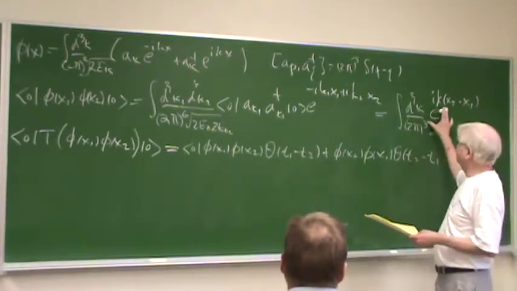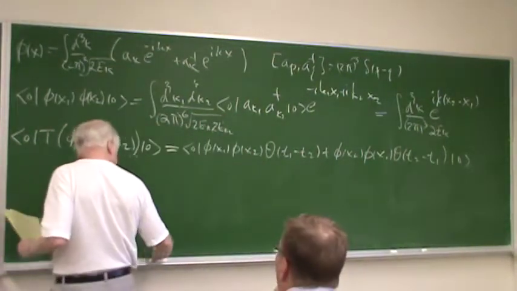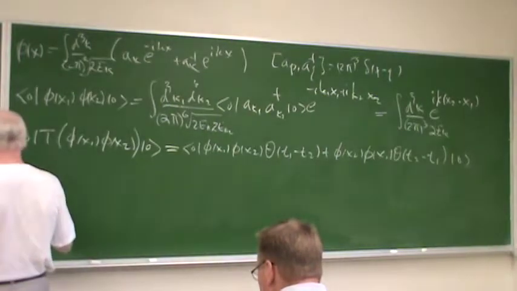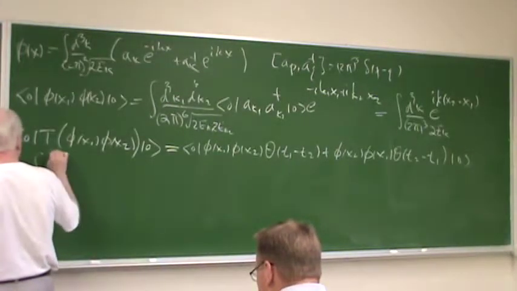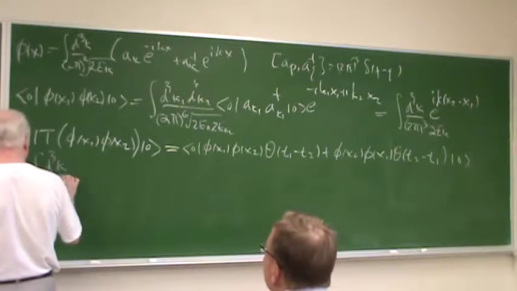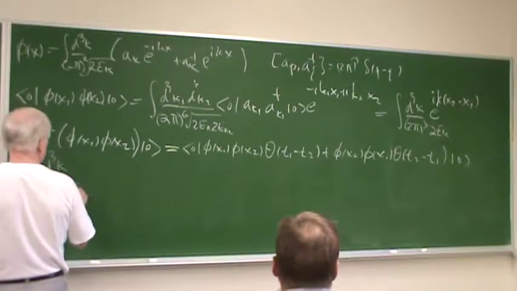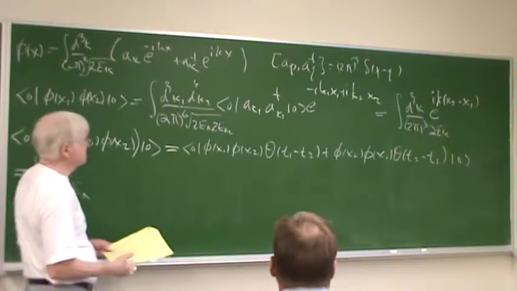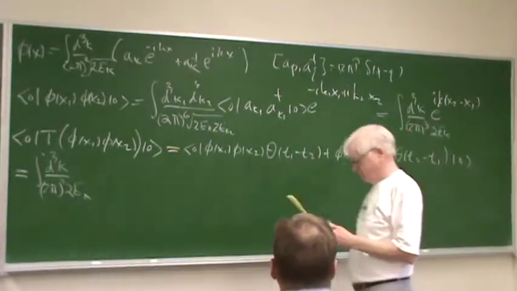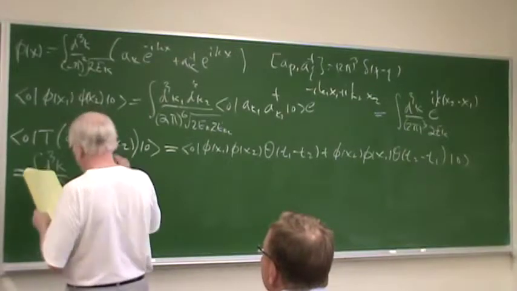All right, well we know what these are individually. And so this is equal to integral d cubed k over 2 pi cubed, 2 E k. Why 2 E k? Because we had a 2 E k over here, not a square root. And then the first one was x1 minus x2.